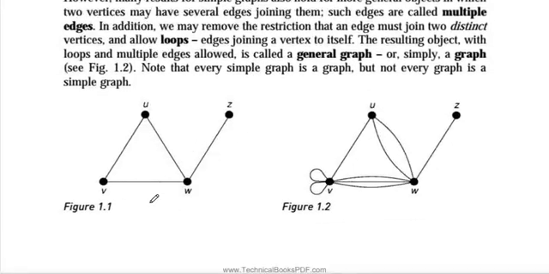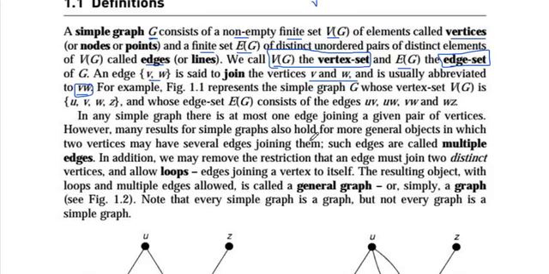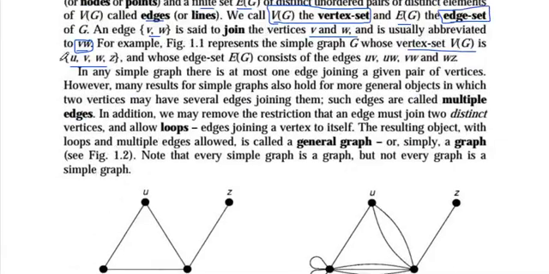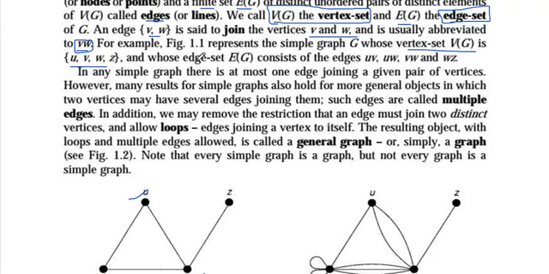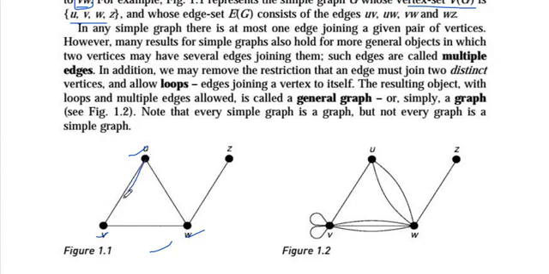Figure 1.1 here. The vertex set V of G is U, V, W, Z. You have to write it in a set: U, V, W and Z, and whose edge set consists of the edges UV, VW, WU and WZ.